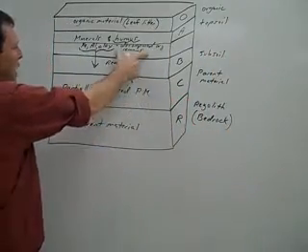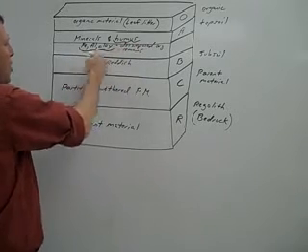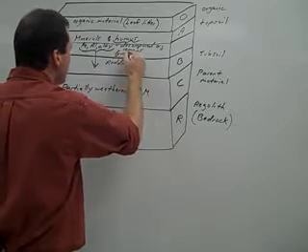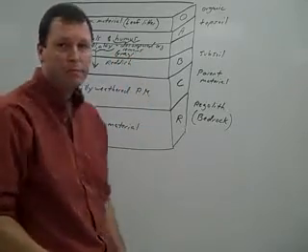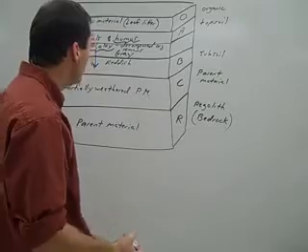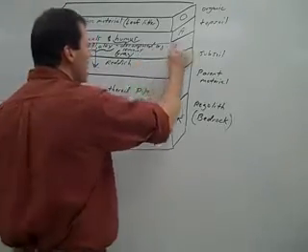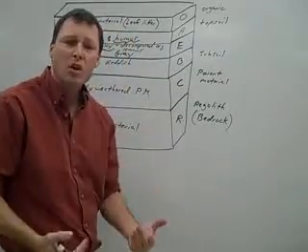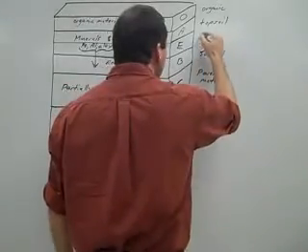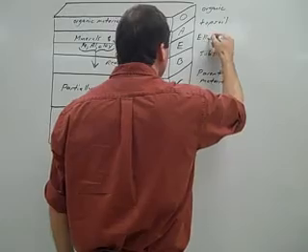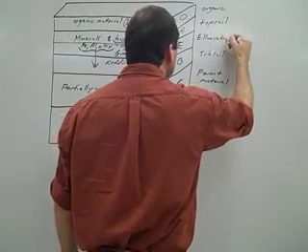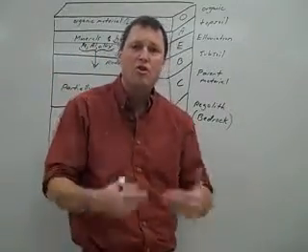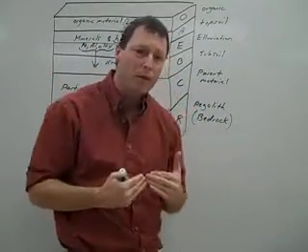And this horizon right here, which is now devoid mostly of iron, aluminum, and clay, takes on a very grayish appearance because it's lacking the iron especially. And that grayish layer is going to be called the E horizon. And this E stands for eluviation.